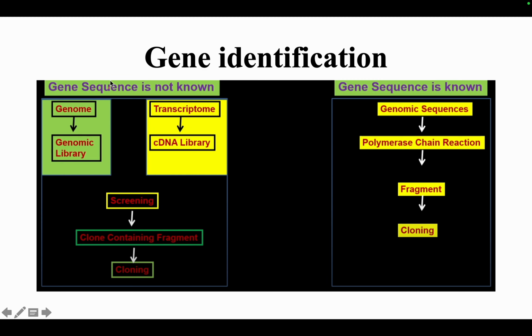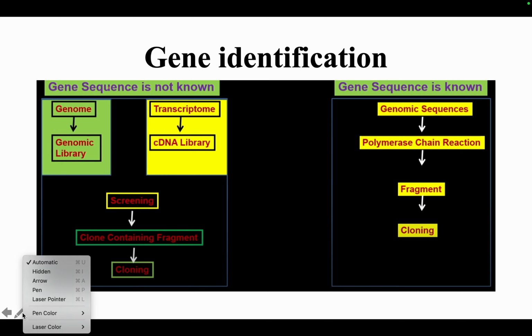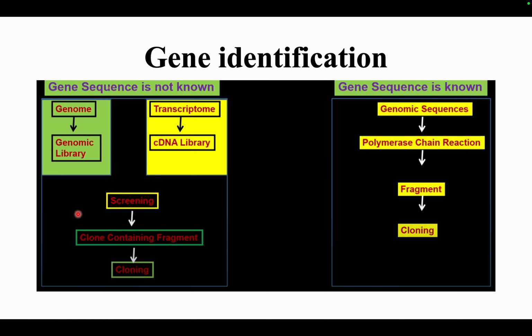If you know the gene sequence, it's well and good, it's easier. But what if you don't know the gene sequence, and you have to find it from the whole genome? Then you can either make a genomic library, or you can make a cDNA library. Now when do we go for genomic library?